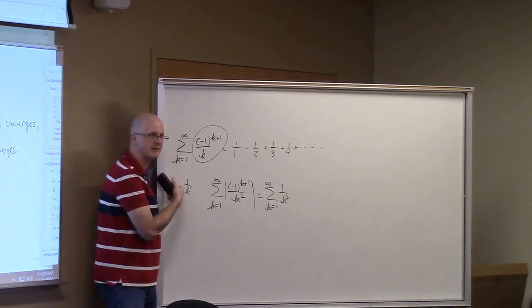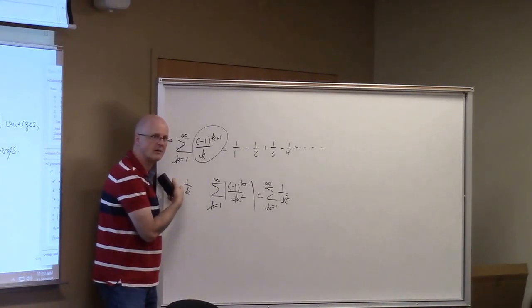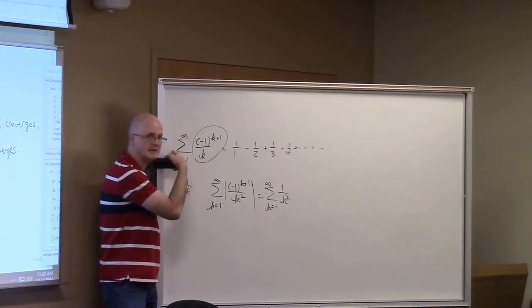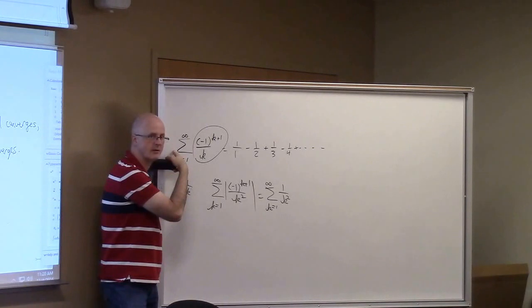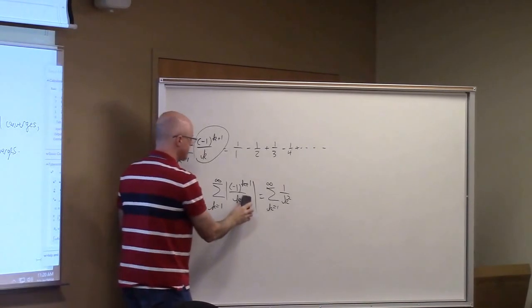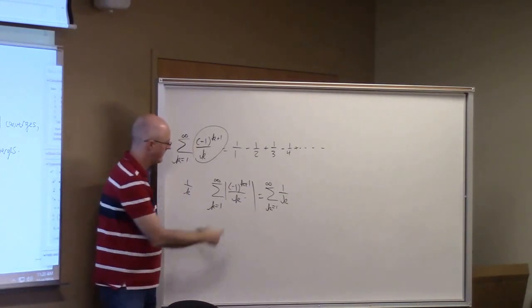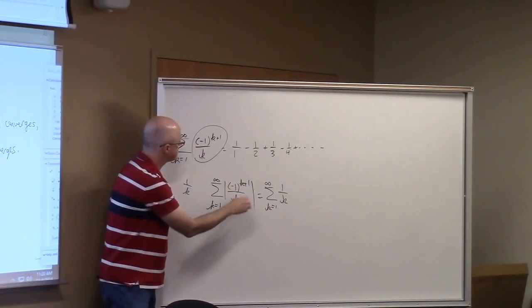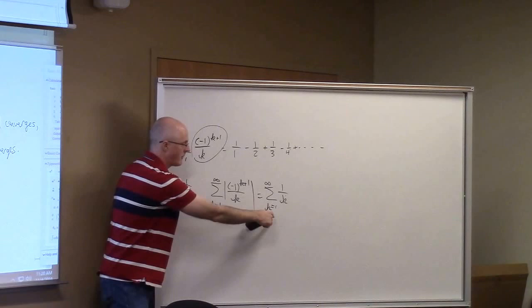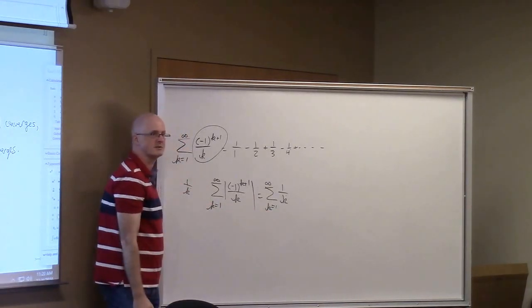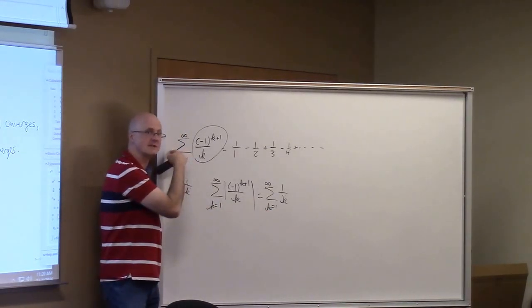That's a sequence of positive terms that decreases to 0. Therefore, the alternating series test says this alternating series does converge. The alternating harmonic series does converge. But the harmonic series diverges. The series of absolute values of these things is the harmonic series, and that diverges. Therefore, this series converges non-absolutely. You can also say it converges conditionally.